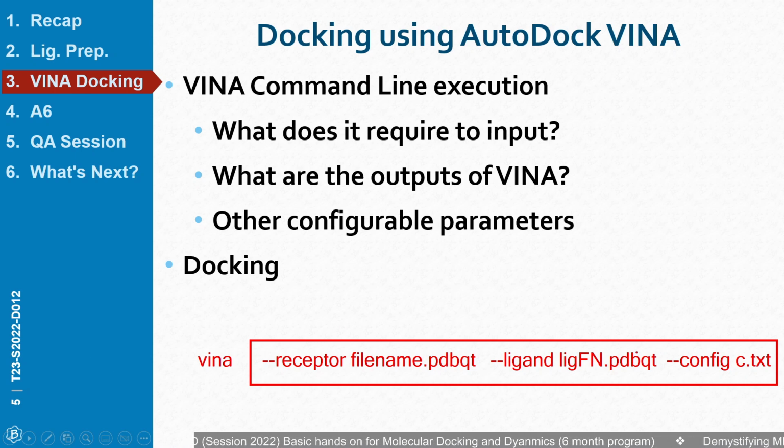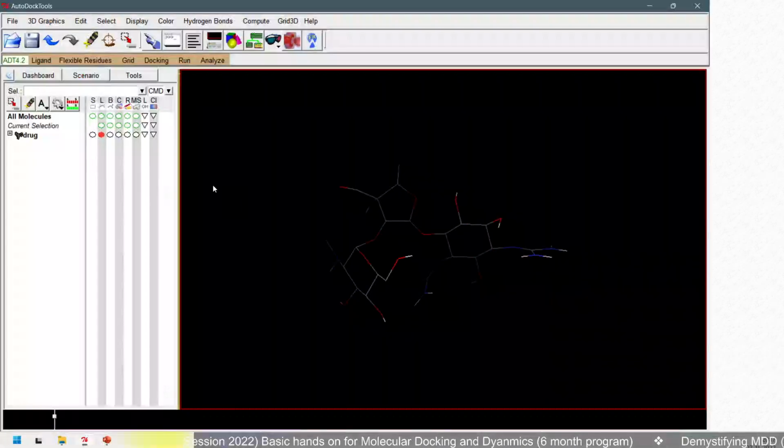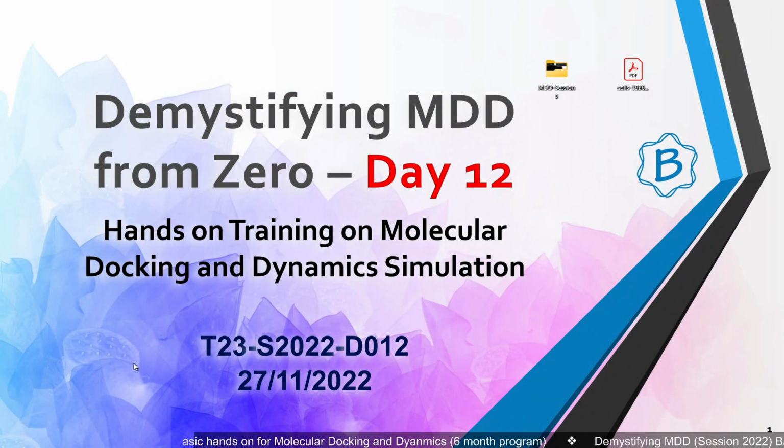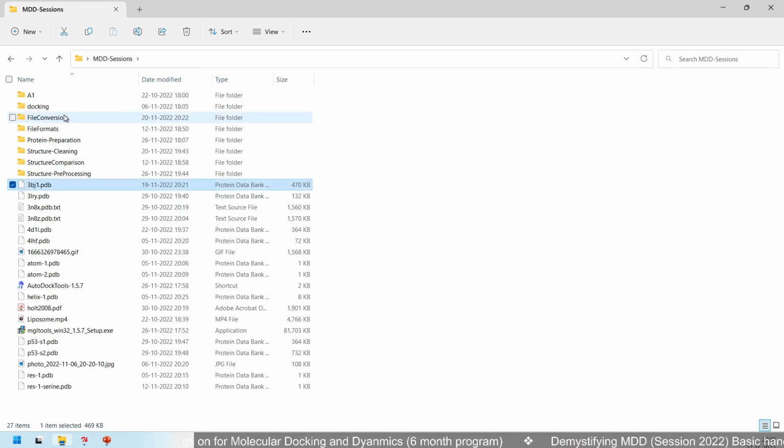We already have discussed all these things, and since I have deleted the receptor configuration, I will do it quickly. I will prepare that again. I am taking our protein structure here.